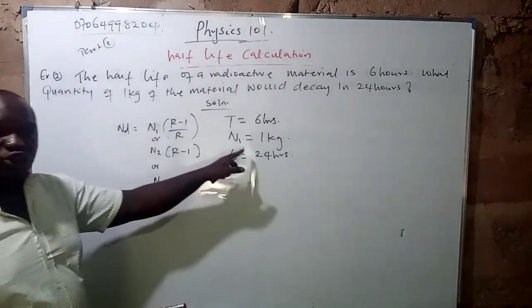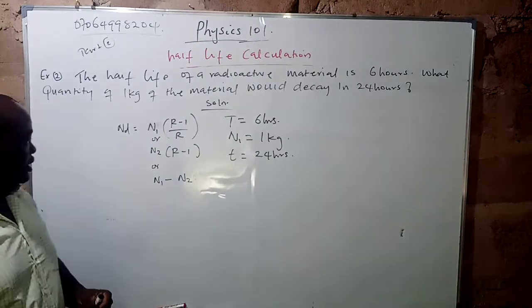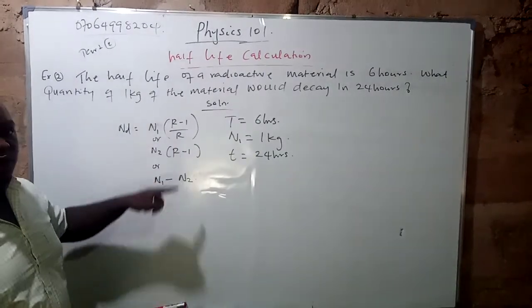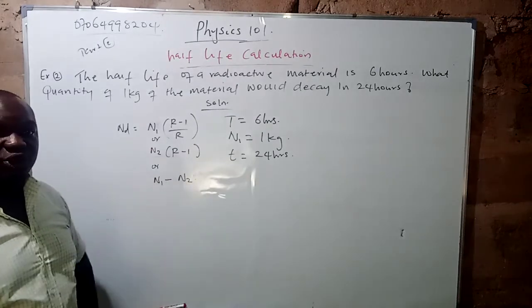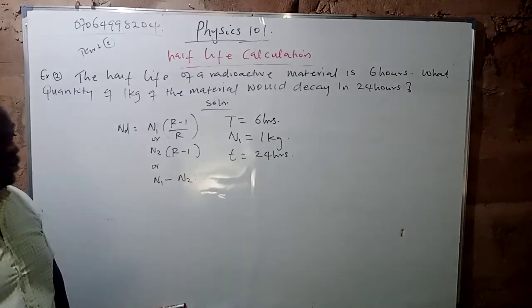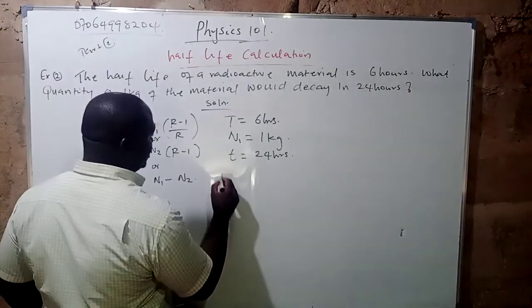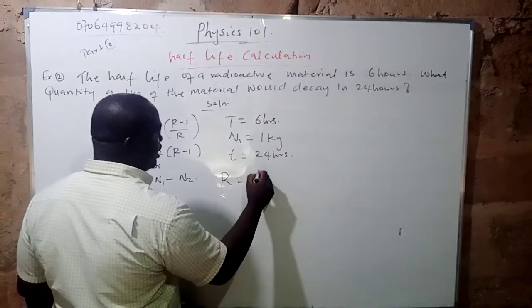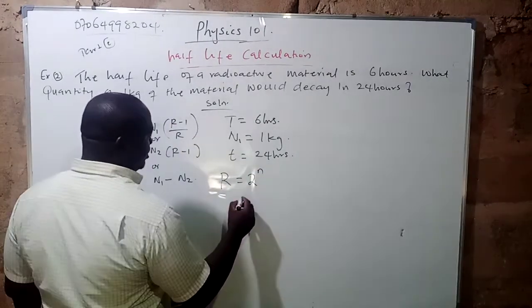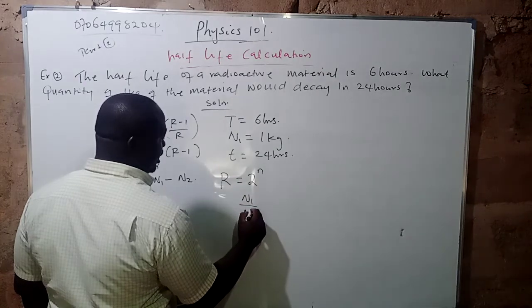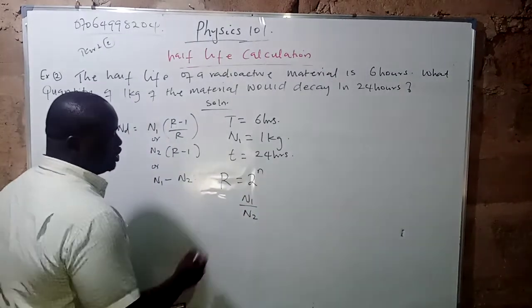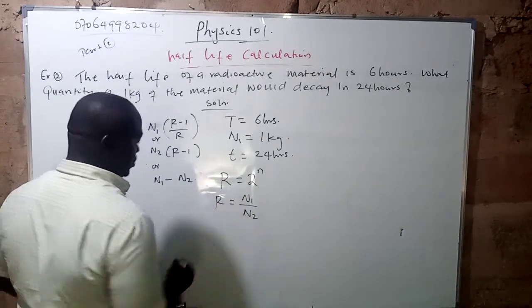Because they are not giving N2. So we can use this first one. We were not given the disintegration ratio, but we can calculate it. Remember, the formula for disintegration ratio is 2 raised to the power of n. Another formula is N1 all over N2. So any of these formulas can solve the disintegration ratio.